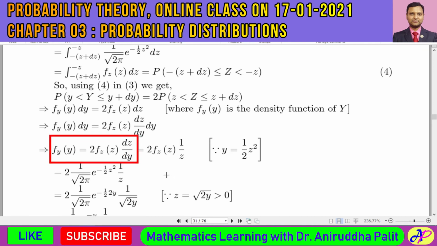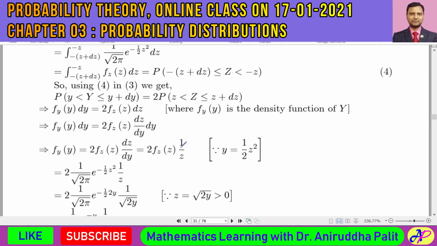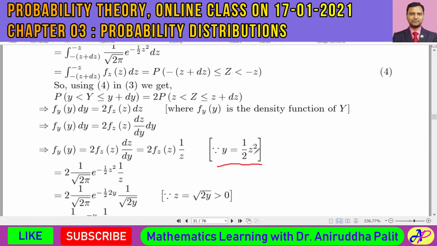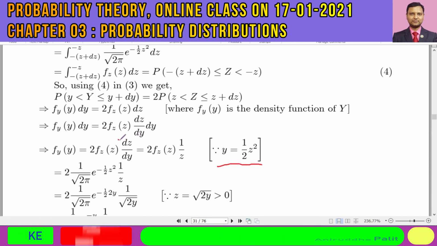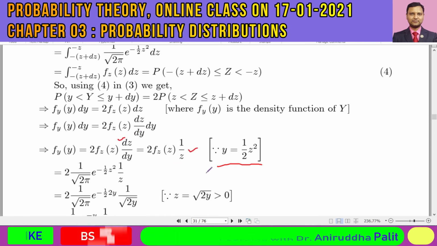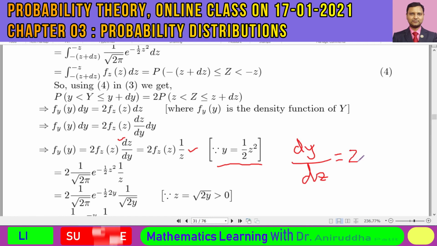As initially we took z greater than 0, from the formula y equal to half of z square, we can get dz/dy. dy/dz is simply equal to z. Therefore, dz/dy should be equal to 1 by z.